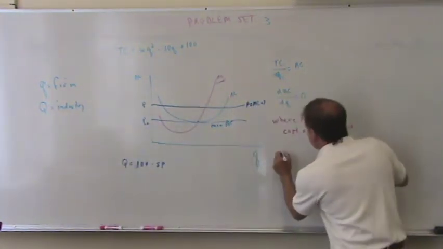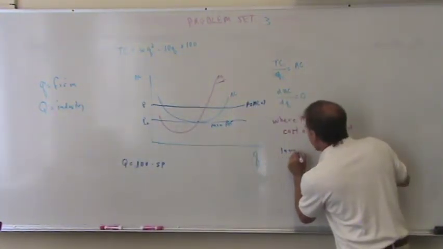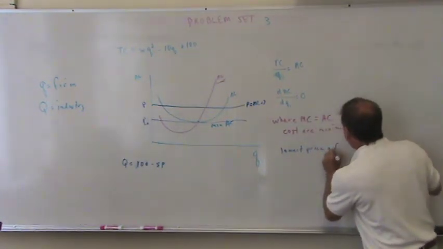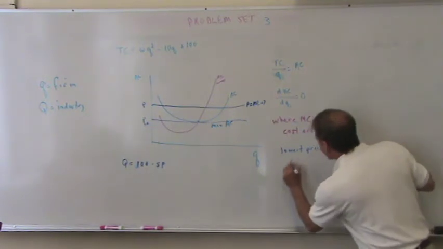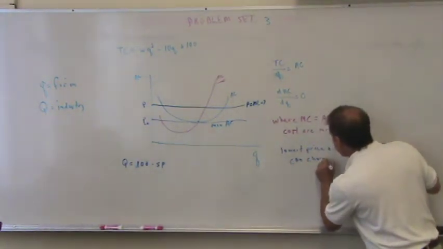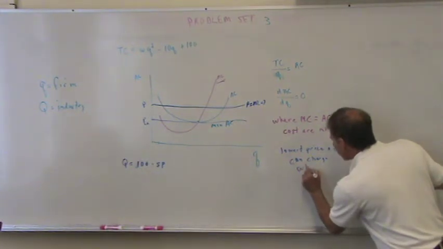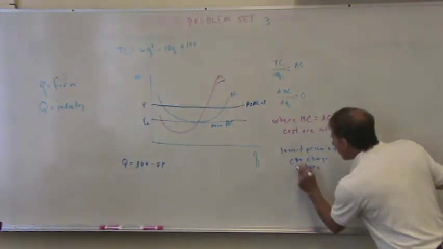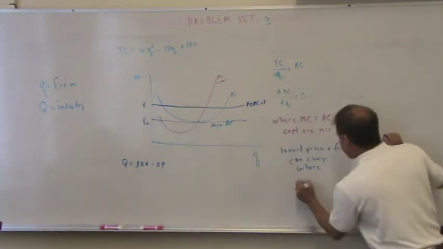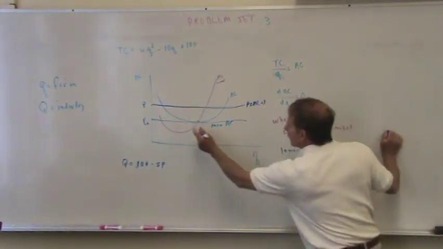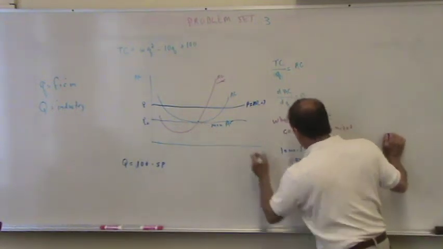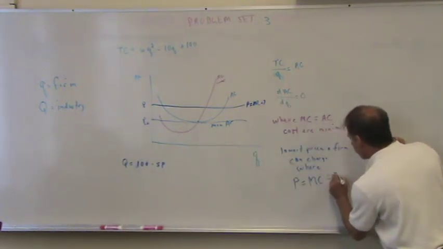The lowest price available, the price the company can charge, is going to be where the price is equal to the marginal cost, and it's also equal to the average cost.